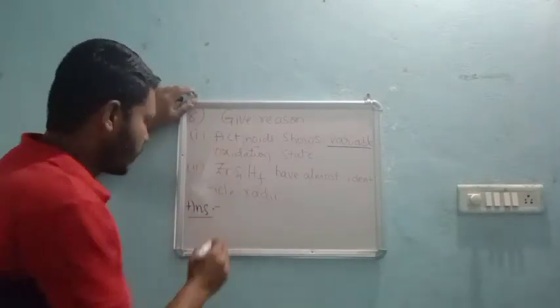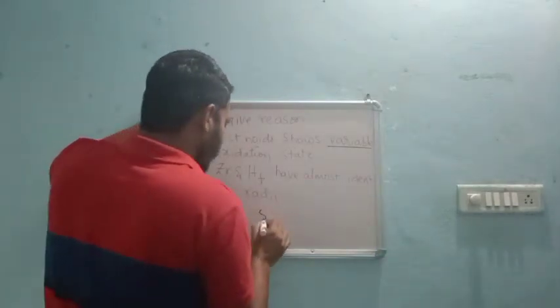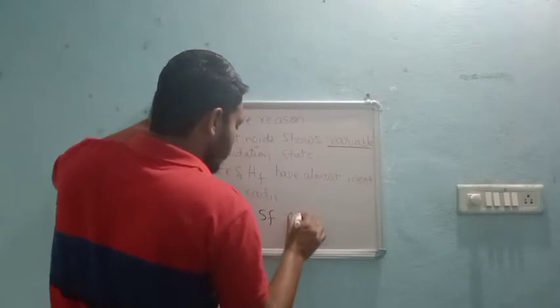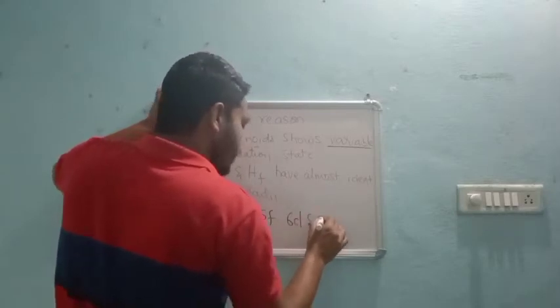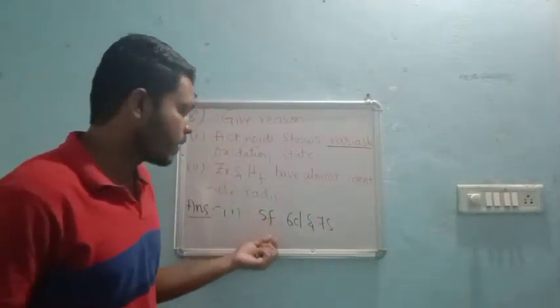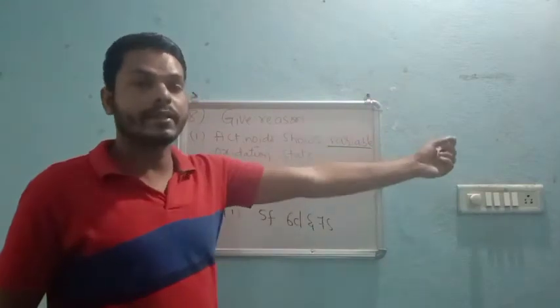For the first one, the energy gap between 5f, 6d and 7s, right? That means (n-2), (n-1) and ns, like this.